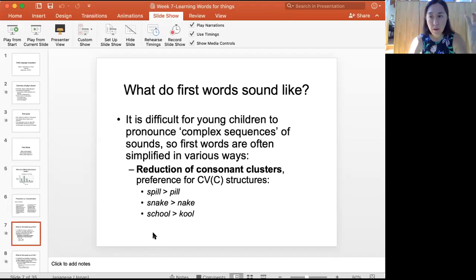So spill would be pronounced as pill, snake as nake, and school as cool. They simplify complex sequences of sounds so that it's easier for them to pronounce.